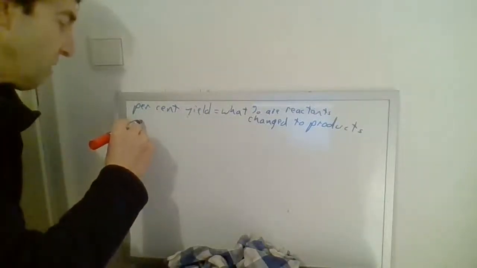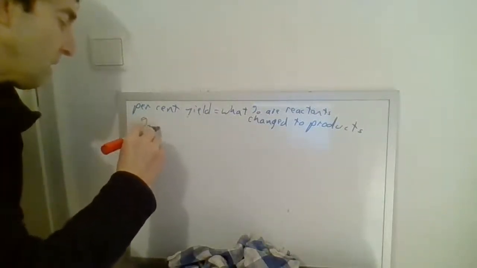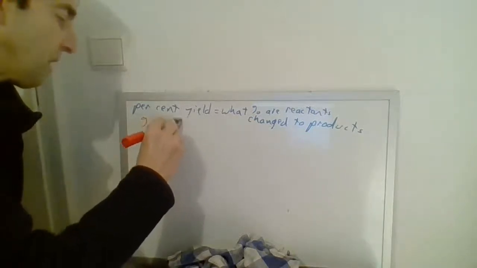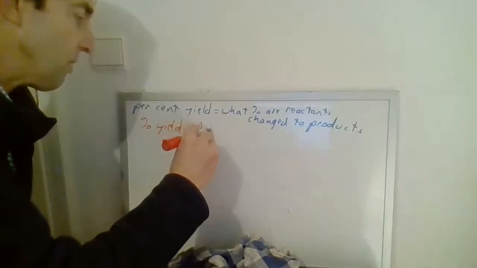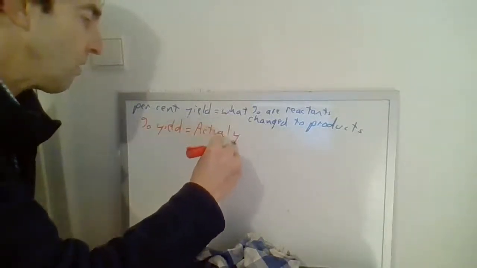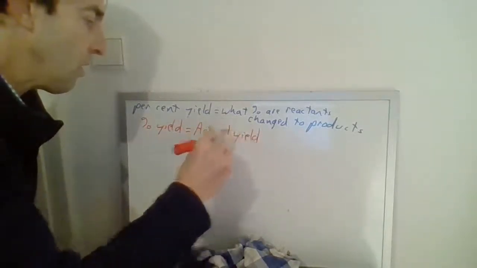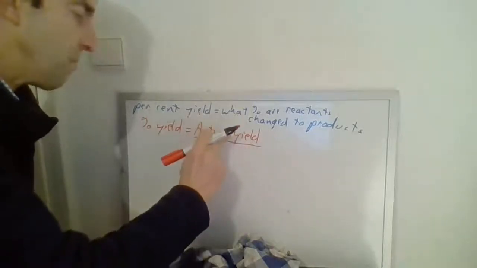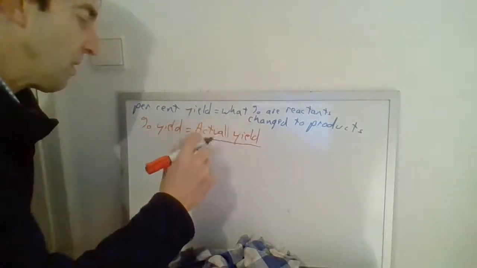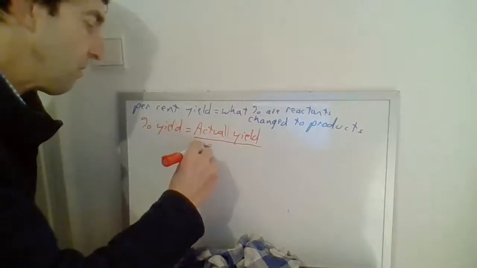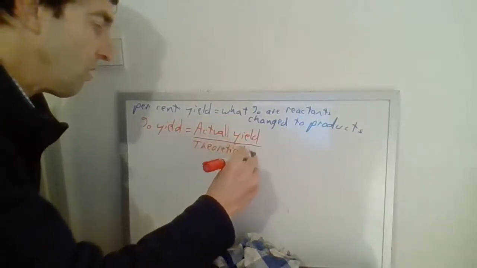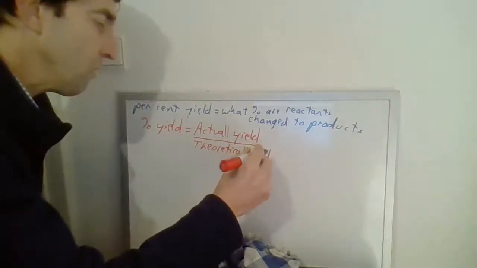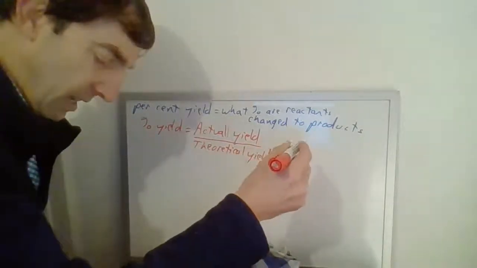So percent yield can also be written this way, and that's what I'll do. Really what it is, it's the actual yield divided by the theoretical yield. Okay, and that's times 100.